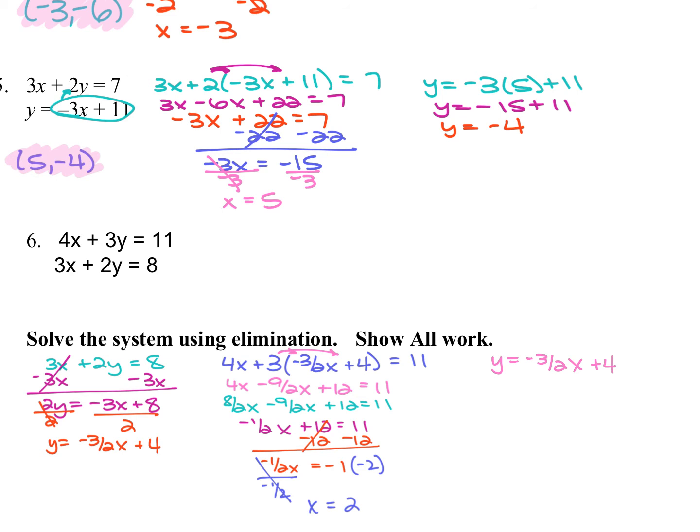So if we plug that 2 in for x there, that's going to give us y is equal to negative 3 over 2 times 2 plus 4, which is y is equal to negative 3 plus 4. So y is equal to 1. If x is 2, y is 1, that gives us our solution of 2, 1.